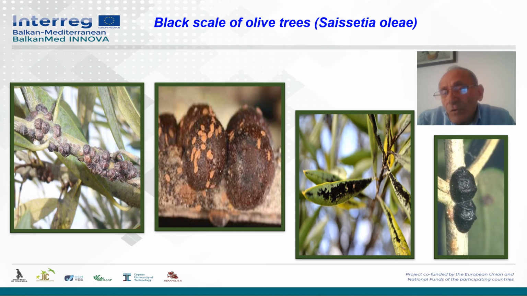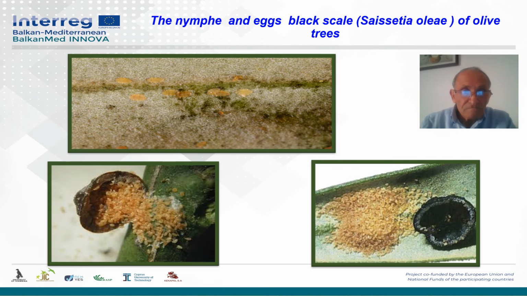In the next photo we see a very clear picture of adults of Saissetia oleae. I see here on the upper side of the scale an H form. This is characteristic of Saissetia oleae. Here we see the larvae and the eggs of Saissetia oleae, nymphs too.